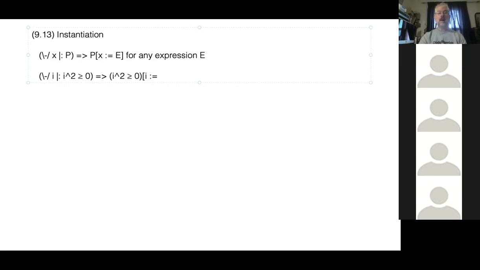So we could use 3z divided by w, where I'm assuming z and w are real valued. So that would be true by 9.13. And then we could do the substitution.